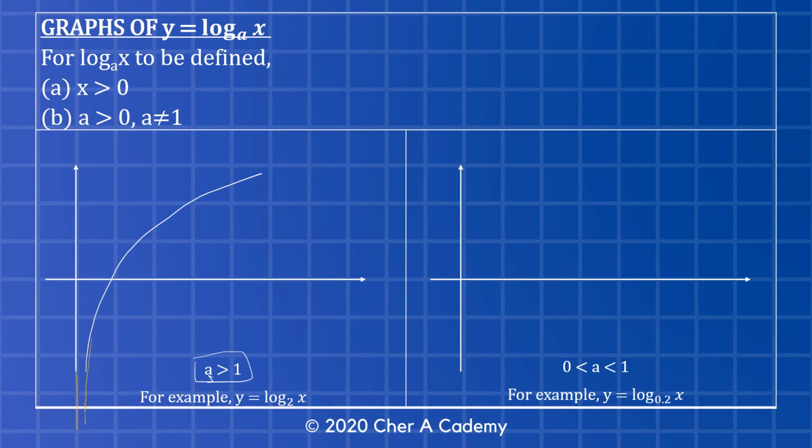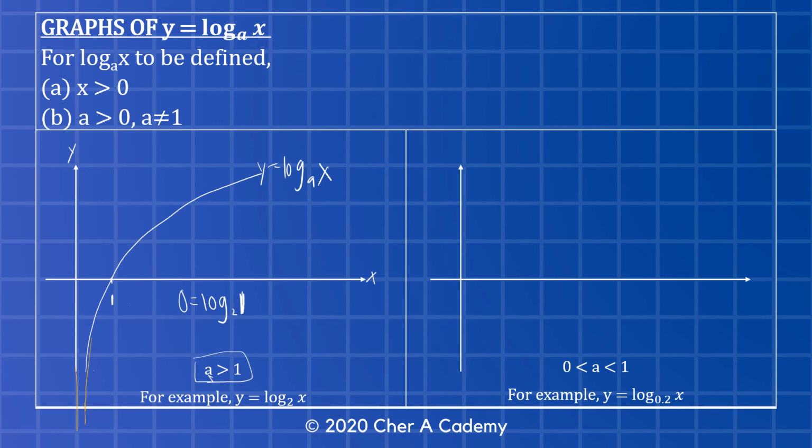It goes up and it has to cut my x-axis at 1. So this is my y and this is my x-axis. Why is this 1? Because for my y to be equal to 0, whatever the base is, I have to be logging 1.